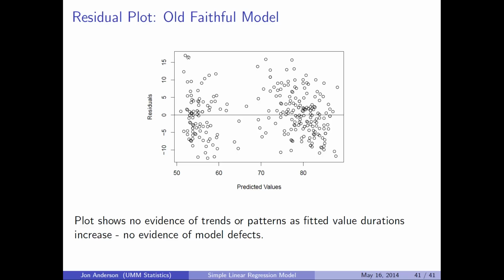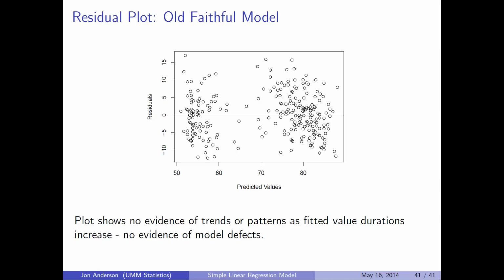A value like 15 would mean that we had to wait 15 minutes longer than we were expecting. A value like negative 10 would mean that the next eruption had occurred 10 minutes sooner than we were expecting. The number of minutes that we were expecting are these predicted values. These are the y hats.